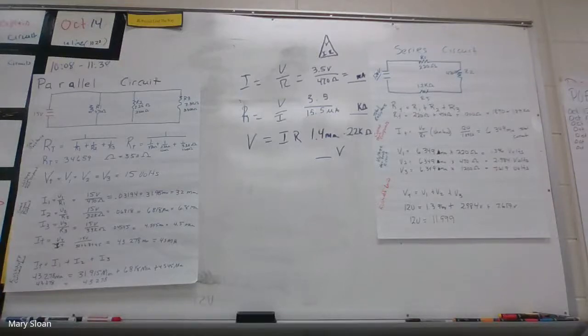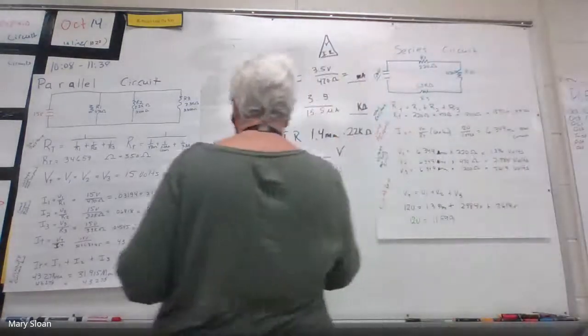Number 2, for each of the circuits shown, calculate the RT. Be sure to put the answer in proper engineering notation and using the correct units. So the first one is what type of circuit? A series, thank you very much.